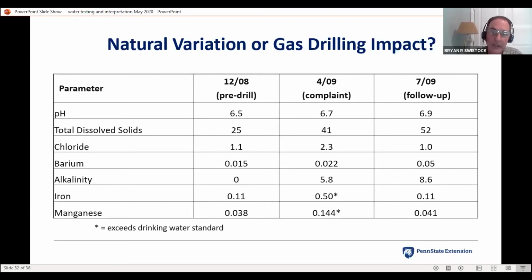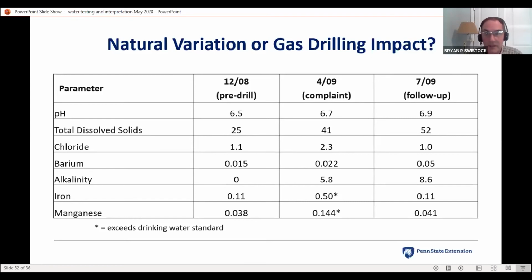But the other issue here is those are very typical changes that might occur just with season and with climate changes, and with somebody drilling a water well nearby or some other land disturbance nearby. There can be a million different reasons why that kind of water change would occur. That's where only having 1 pre-drill with this subtle change makes it very hard to determine what might have happened.